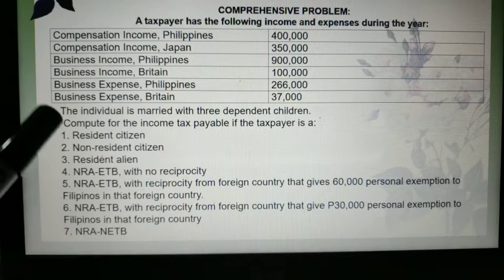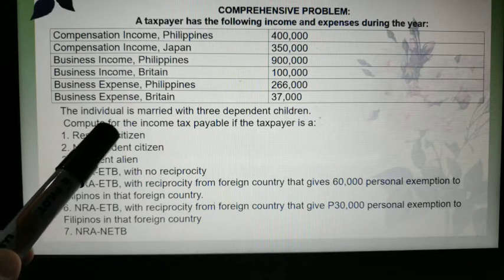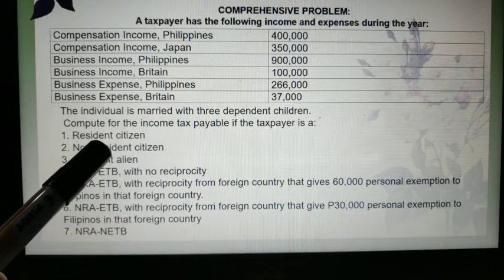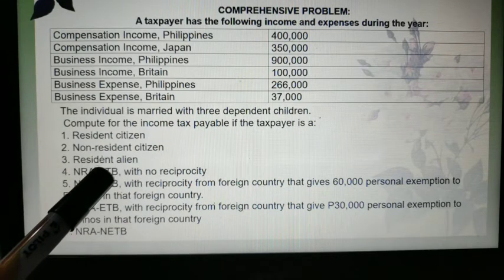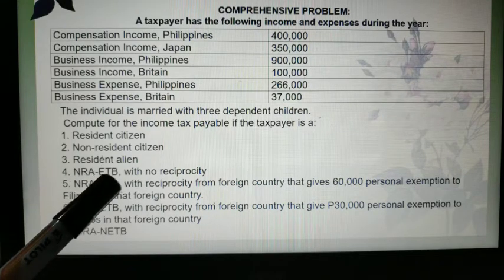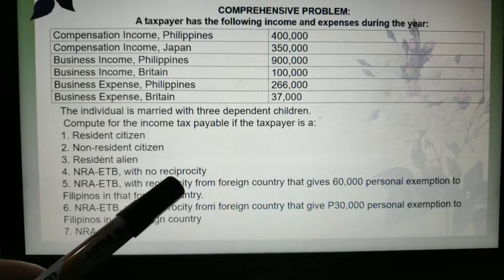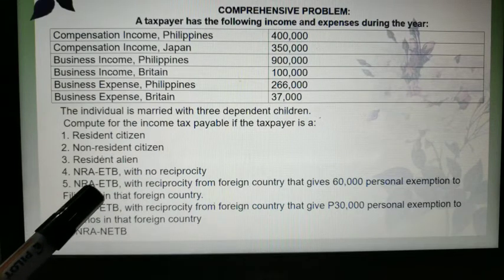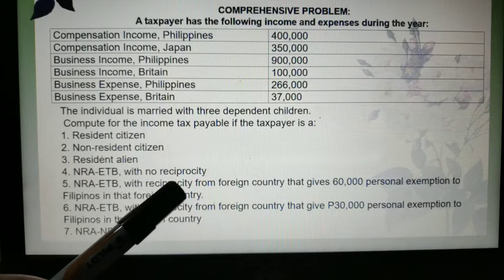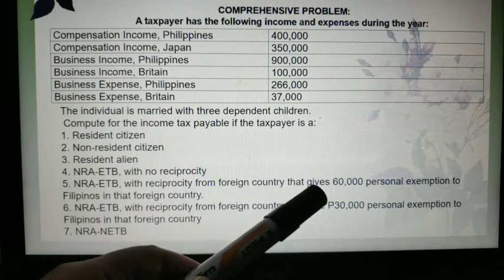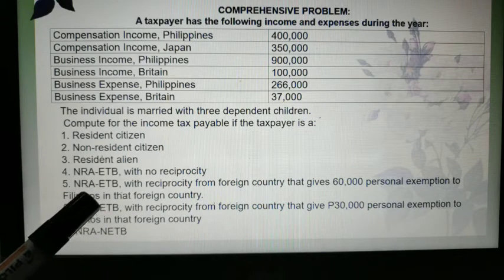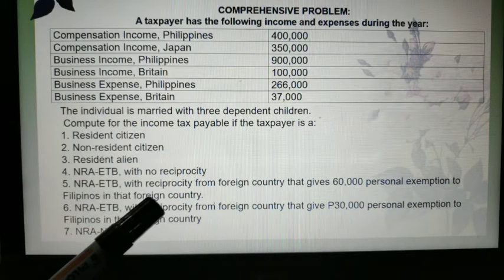Okay, and then the required problem is compute for income tax payable if the taxpayer is a resident citizen, non-resident citizen, resident alien, a non-resident alien engaged in trade and business with no reciprocity, non-resident alien engaged in trade and business with reciprocity from foreign country that gives 60,000 pesos personal exemption to Filipinos in that foreign country.